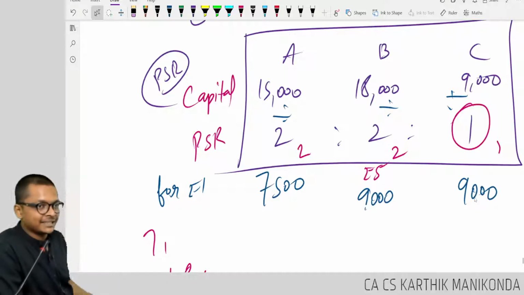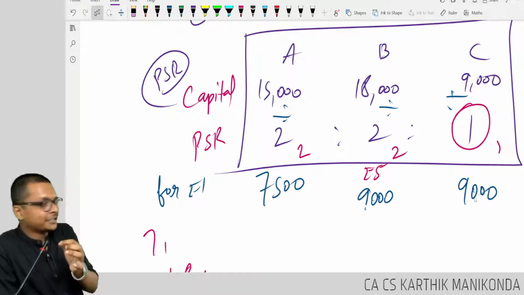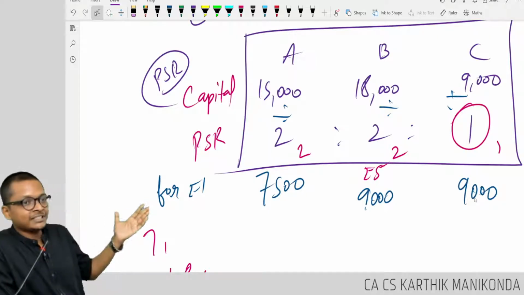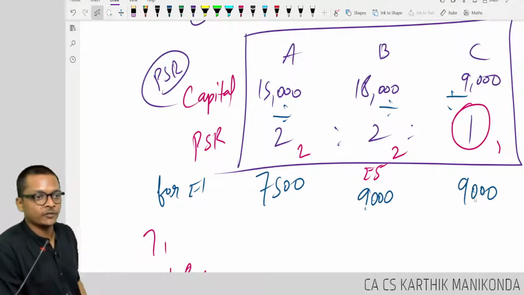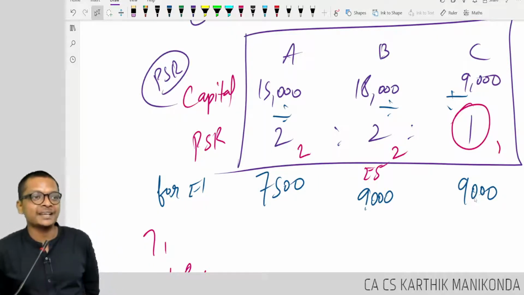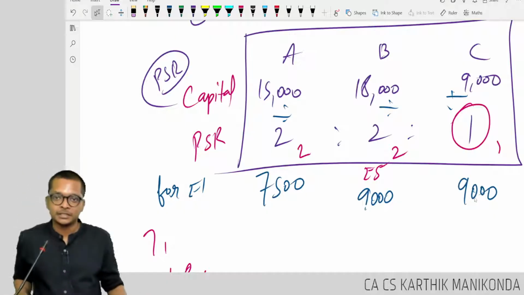Are you following, guys? Now who is the smart person between A, B, C? A. For 1 rupee profit, he invested only 7,500. B and C are the fools who invested 9,000 for every rupee of profit. So, while repaying, whom you will repay first? A or B or C? B and C, because B and C paid more. Correct?